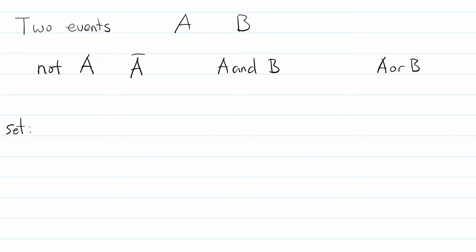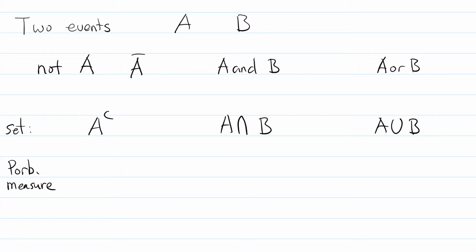Not A is the set A complement, A and B is the set A intersection B, and A or B is the set A union B. And what we are very interested in is the probability measure of these three kinds of situations. We know that the probability measure of A complement equals 1 minus the probability measure of A.